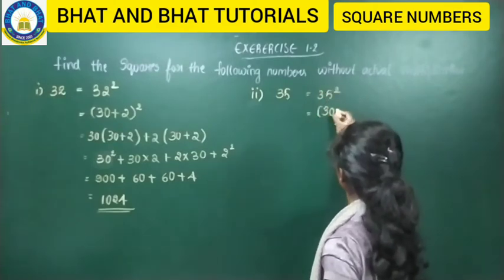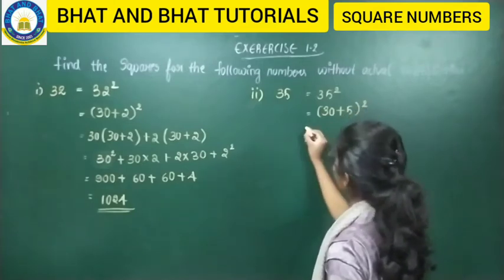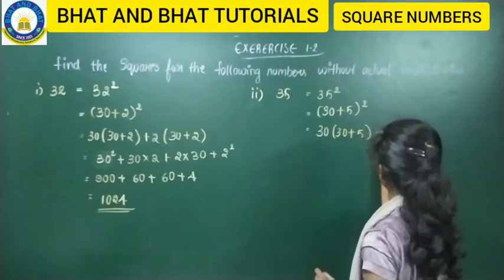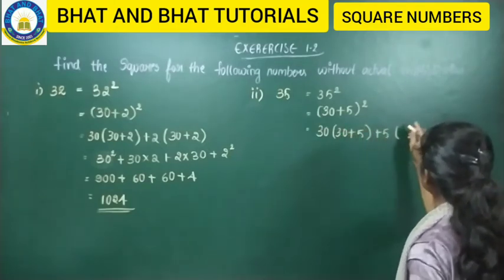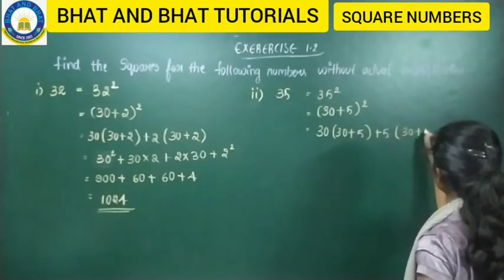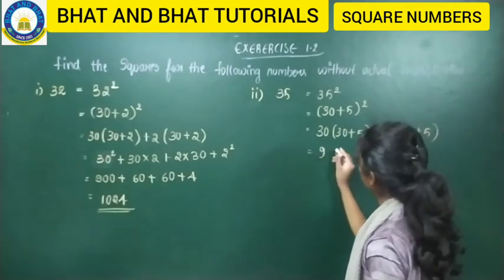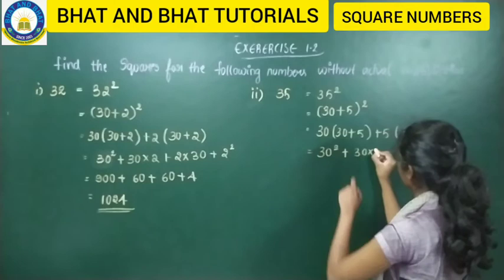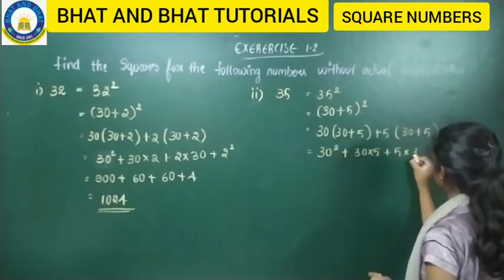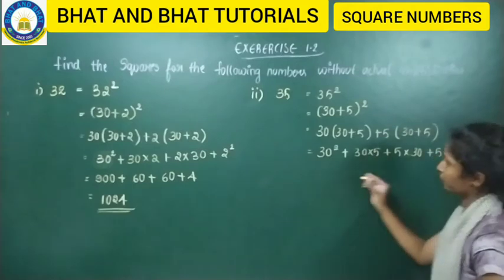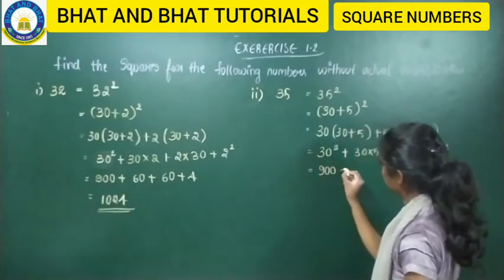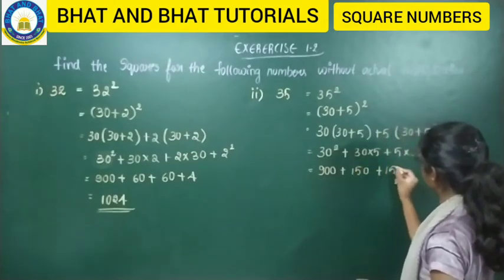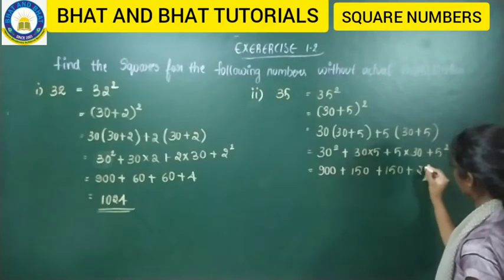That is 35. So we are going to convert 35 square to 30 plus 5 whole square. So when you expand this, 30 plus 5 and here again 30 plus 5. So 30 into 30, 30 square, plus 30 into 5, plus 5 into 30, plus 5 square. So 30 thirties are 900, plus 3 fives are 15, 150, plus 150, plus 5 fives are 25.